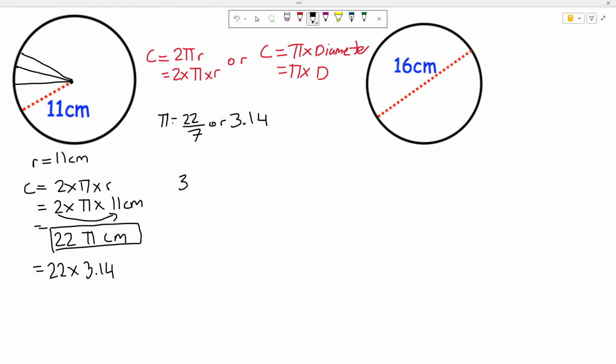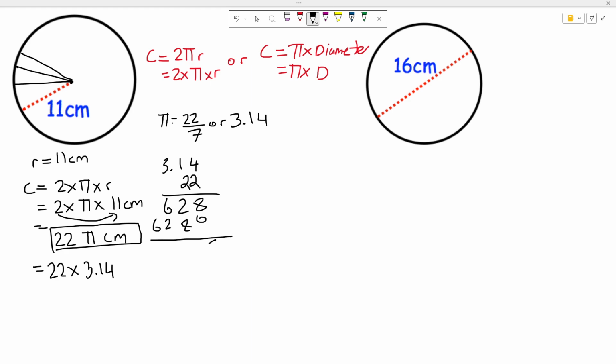So we have 22 times 3.14. Let me put 3.14 on the top. If you don't know how to multiply decimals guys, I'll make sure to leave a link in the description below, so go ahead and check it out. So what do we have? We have 8, 2 and 6. Second line we have 0, again 8, 2 and 6.